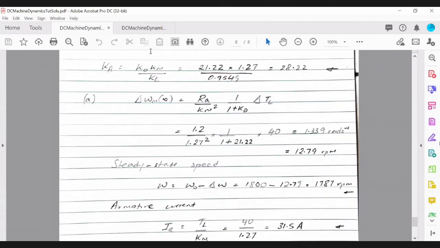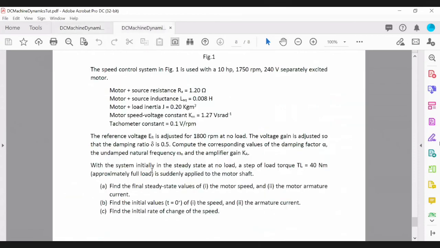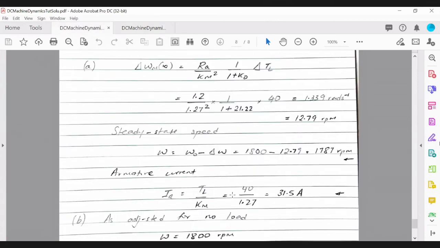Next part of the question: with the system initially at steady state and no load condition, a step load of 40 Newton meters is suddenly applied to the motor shaft, and we're asked to work out the final steady state values of the motor speed and the motor armature current.